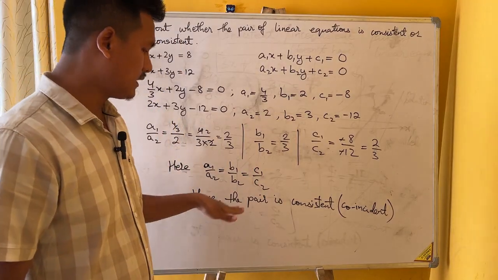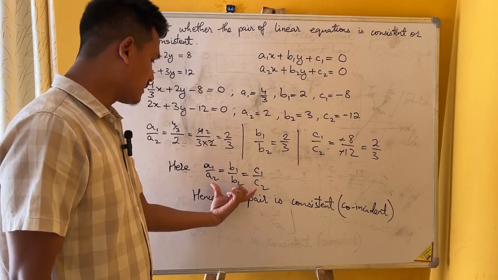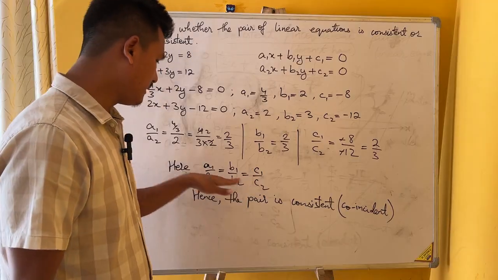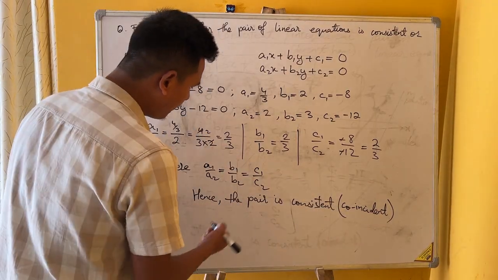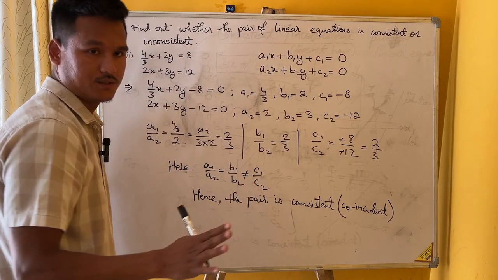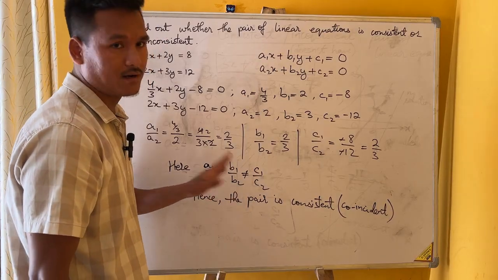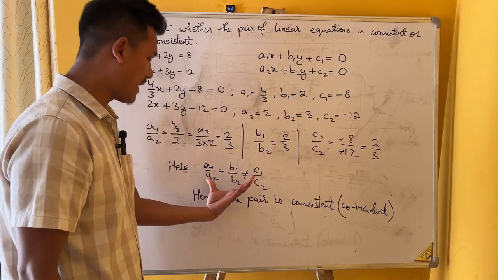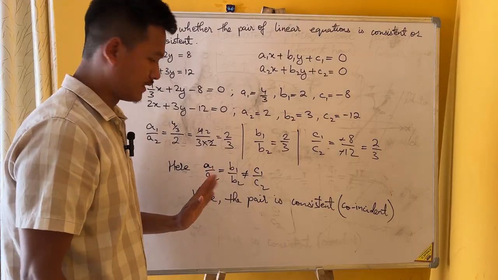So let me tell you in brief, when this holds, it means consistent, and the lines are coincident. While if this was not equal to C1 upon C2, suppose, then this means the pair of lines are parallel. If the ratio happens to be like this, then we say the lines are parallel, which means it is inconsistent in that case.